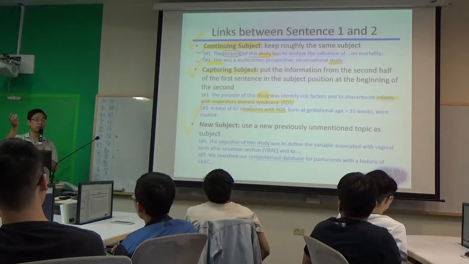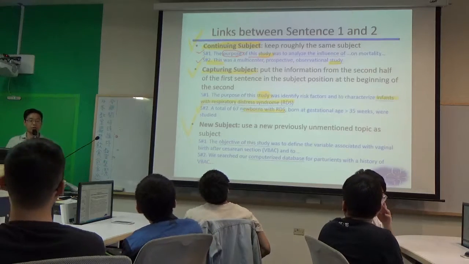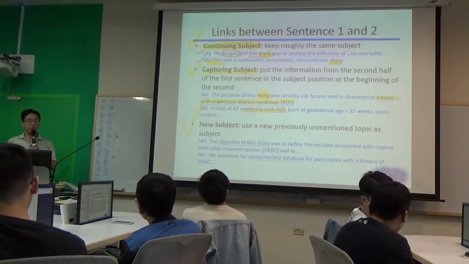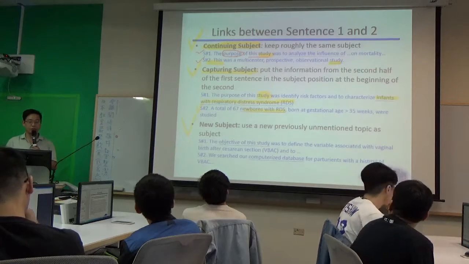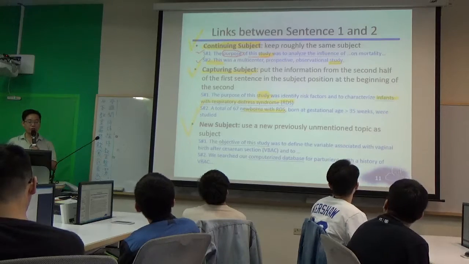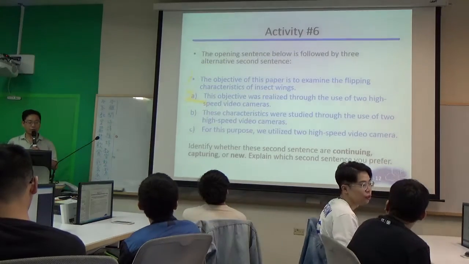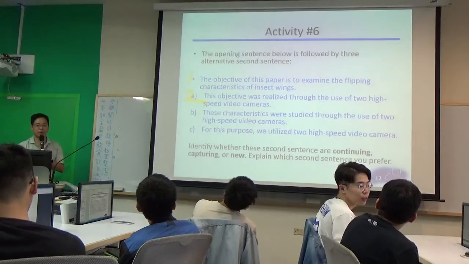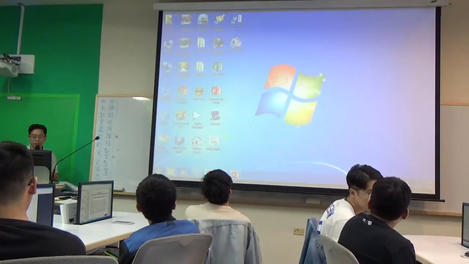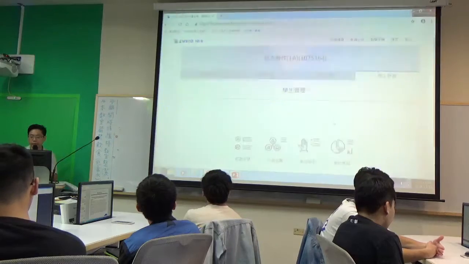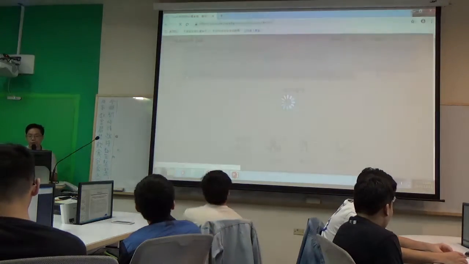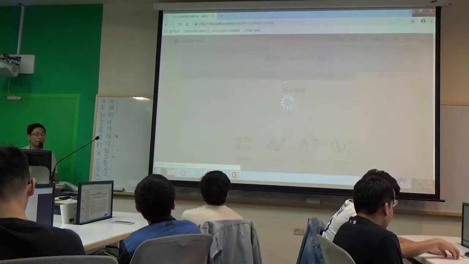Okay, continuous subject, capturing subject and the new subject. So if this is the first sentence, this is the second sentence. Okay, pick. Let's finish this one before we take a break.